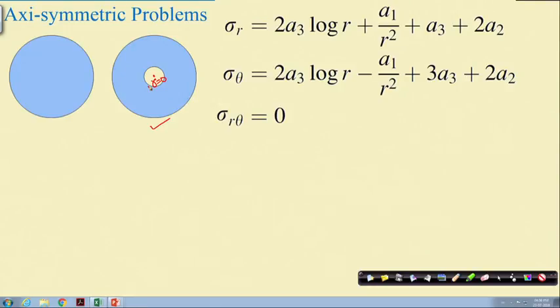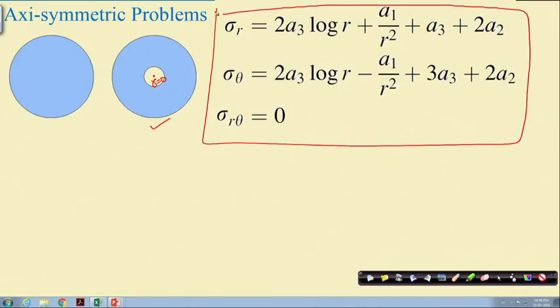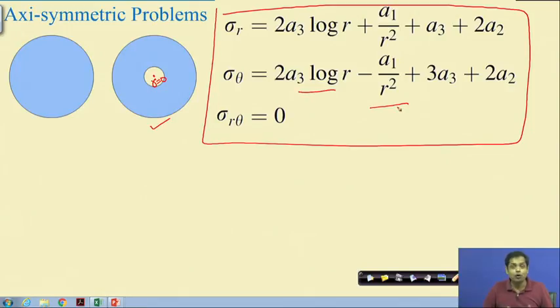This equation is valid over the domain, but since r is equal to 0 does not belong to the domain, this term and this term will not give you an invalid stress field, because all these terms are valid. We can keep the 1 by r square term and the log r term if the domain is not simply connected, and then this is not a constant stress field.